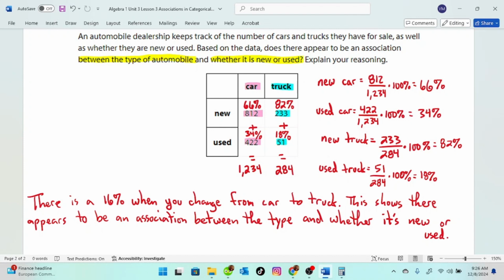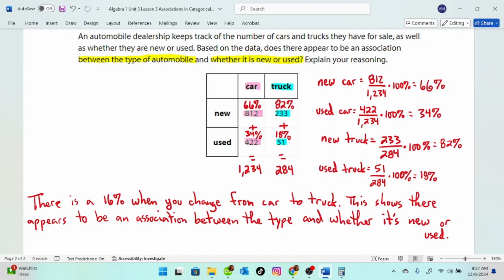So overall, in this lesson, what we are trying to see is that when I change one category and it doesn't seem to change the other category very much, then we would say there does not appear to be an association, because you're just as likely to get your results even when you change between categories.